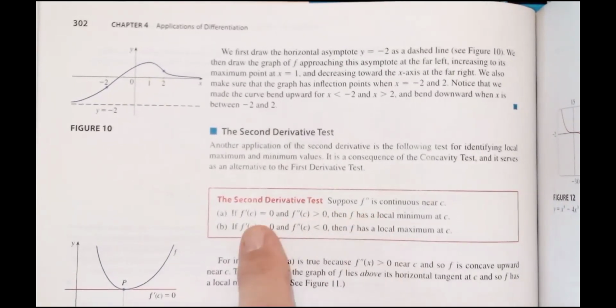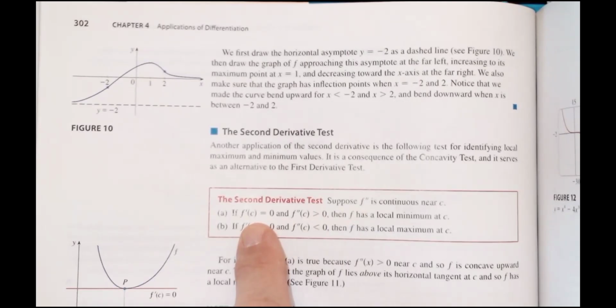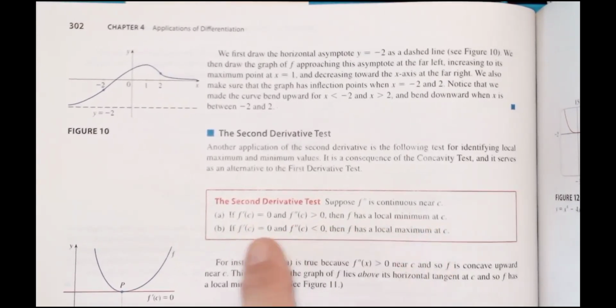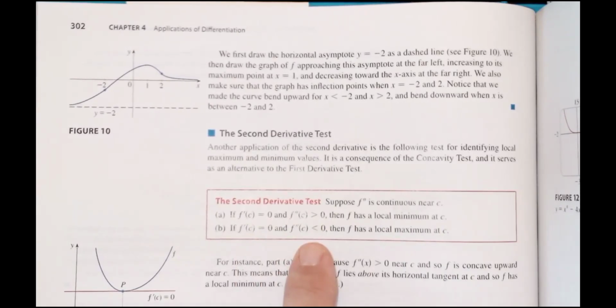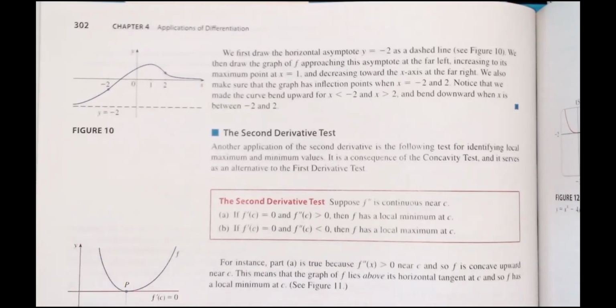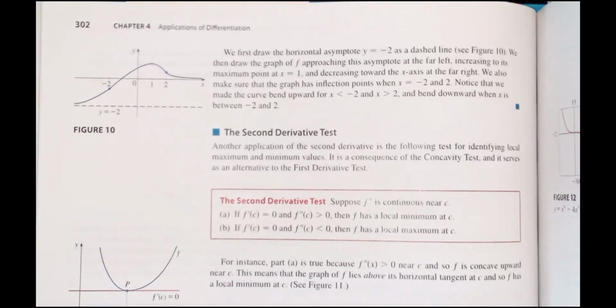If I have a first derivative being 0 and a second derivative that's positive, I have a minimum. If I have a first derivative being 0 and a second derivative that is negative, I have a maximum. Notice what's missing. If its second derivative is equal to 0, then this is inconclusive.